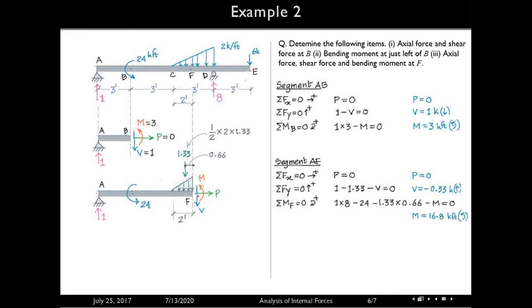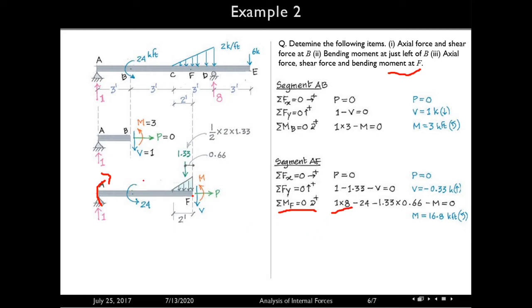At last, applying summation of M equals 0. As we are asked to calculate bending moment at point F, we have taken summation of moment at point F equals 0, and we have considered clockwise as positive. Starting from point A, this one reaction is giving rotation in clockwise direction, so 1 into total distance from point F, which is 3 plus 3 plus 2, which is 8, so 1 into 8, and it is positive as the rotation is clockwise.